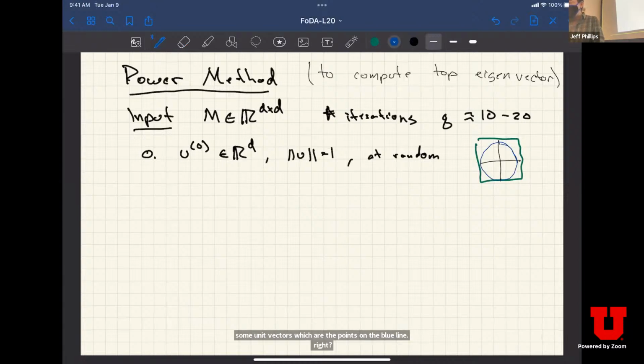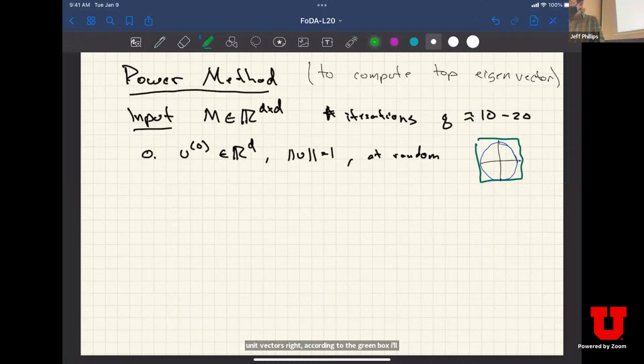If I pick points according to the green box, picking the X value and the Y value and then normalizing, I'm more likely to get points towards the corners. I get a denser distribution along the diagonals and a sparser one along the axes. And in high dimensions, this gets much, much worse.